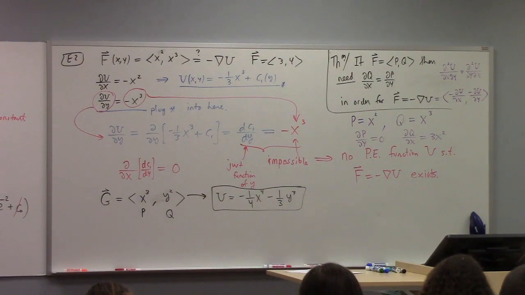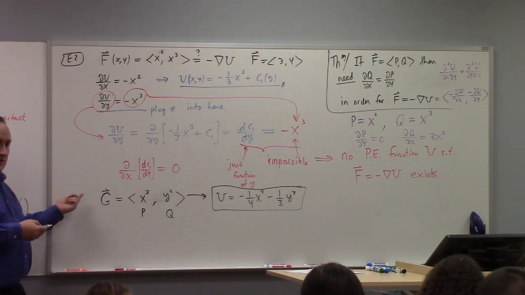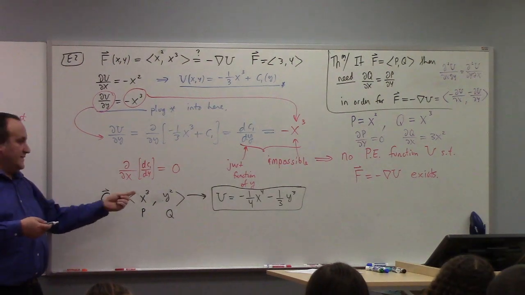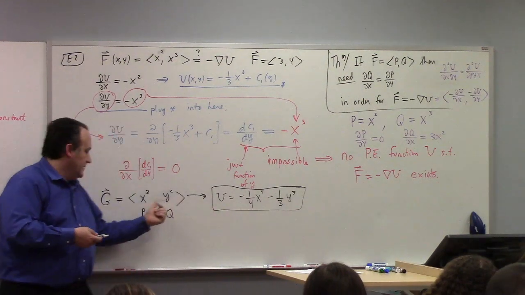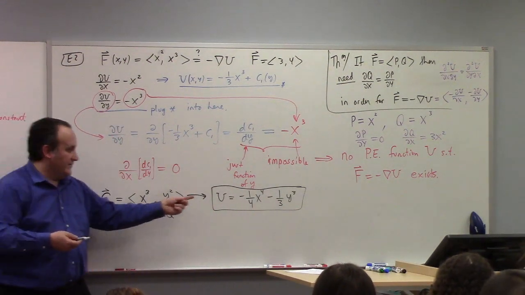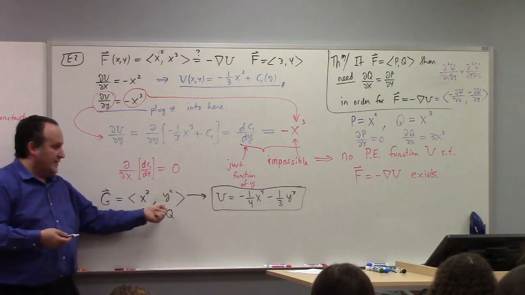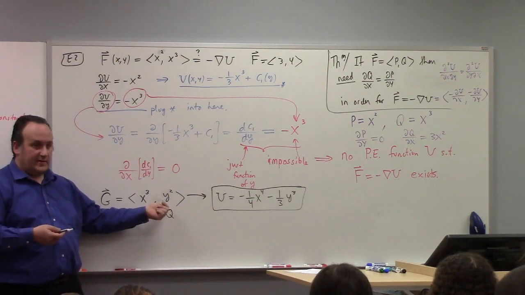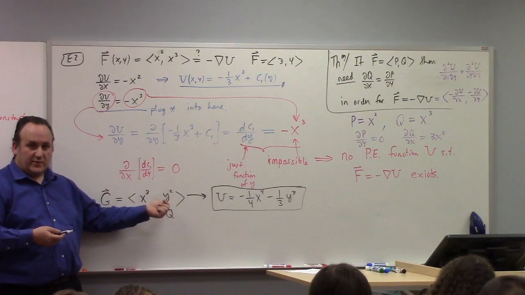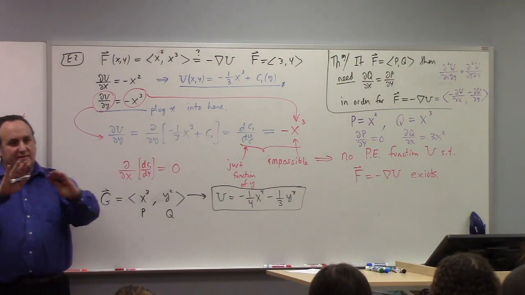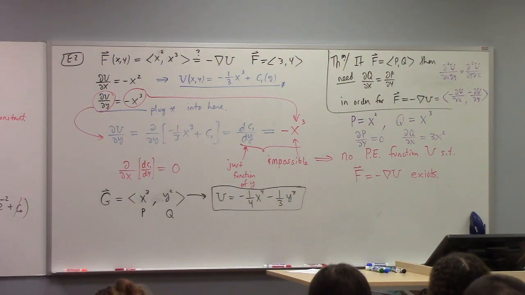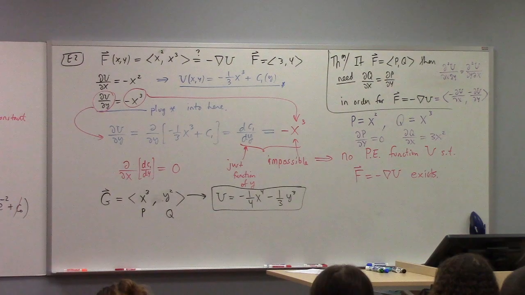We can just guess the potential energy. Do you guys agree? If you take the gradient of this, the x part gives you x cubed. The y derivative gives me y squared, because the 3 and the third and the 4 and the 4th from the power rules cancel, and the minus goes away because I put it in there. You might not see that yet, but once you've done enough of these problems, you can just write down the potential energy. We don't have to go through all of this if it's simple enough.